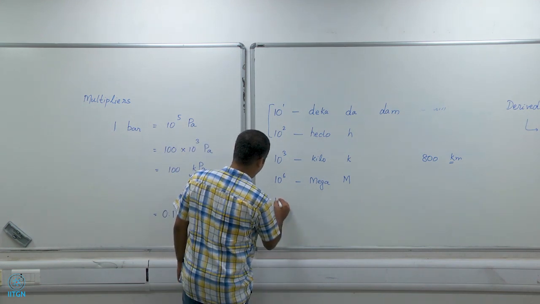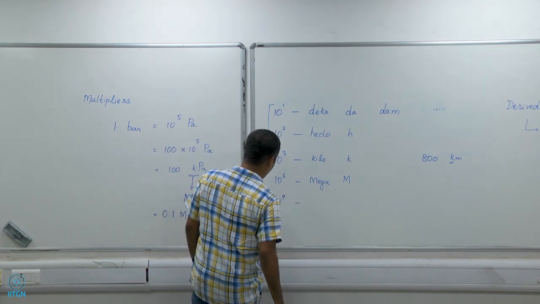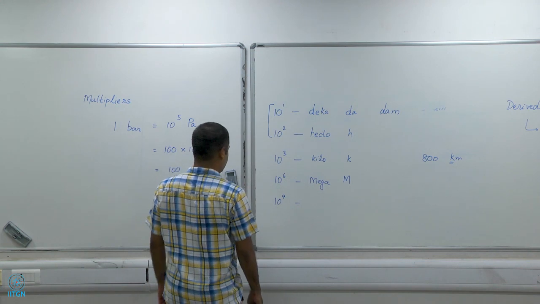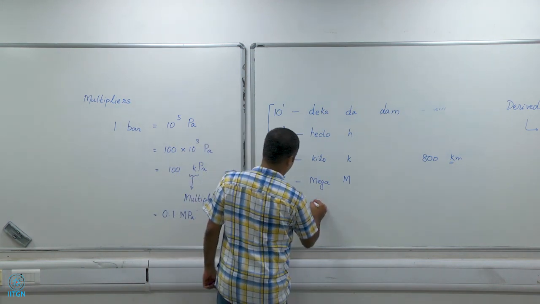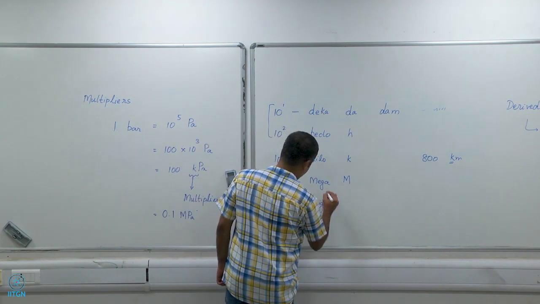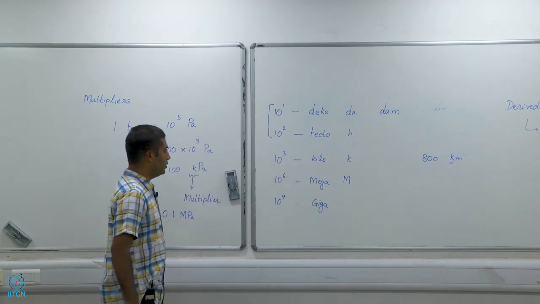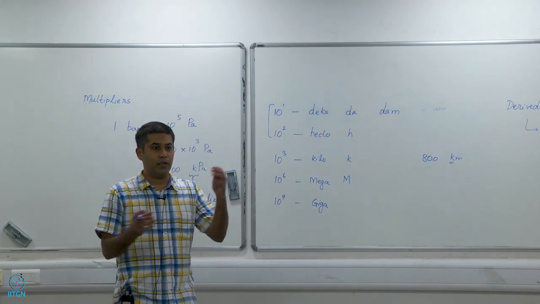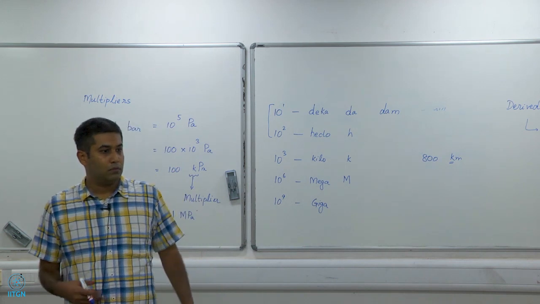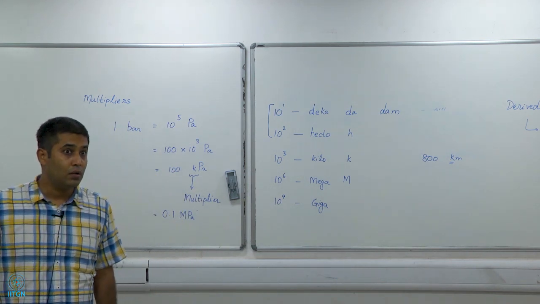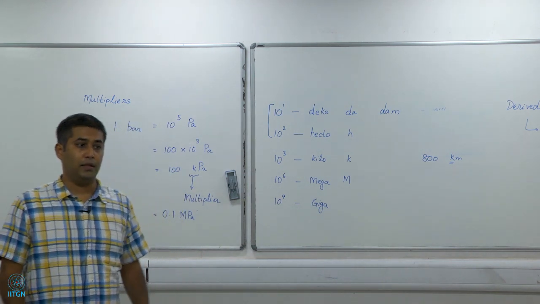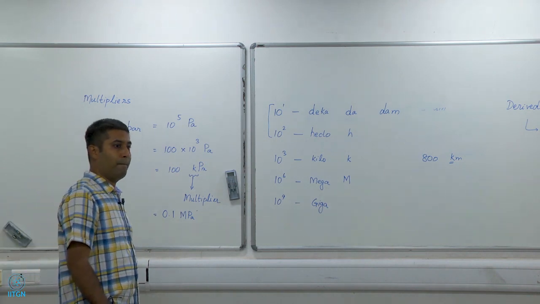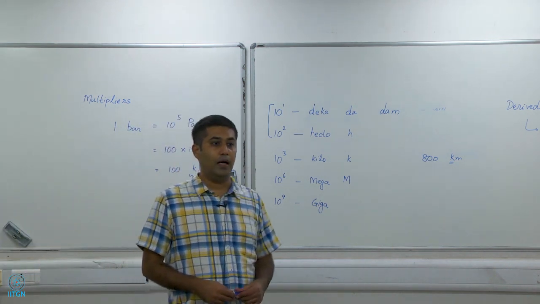And 10 power 9 is giga, that is right. So, what do you know is giga? Like gigabyte, yes, gigabyte is memory, GB, right? Okay. What else do you know is giga?